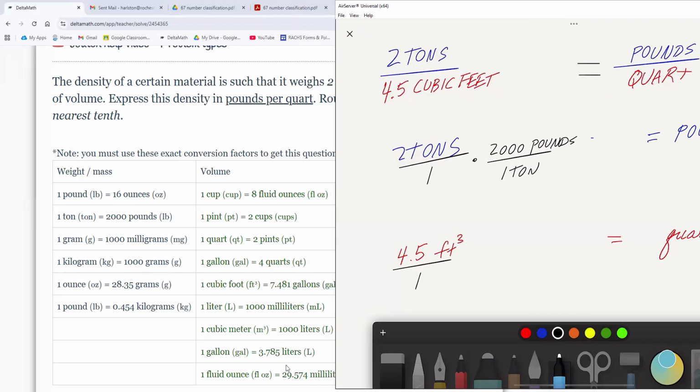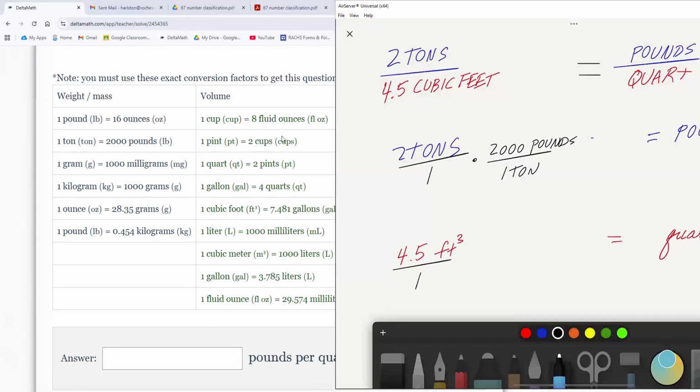So what do we have for cubic feet? I'm going to use these 2 conversion factors: cubic feet to gallons, and then gallons to quarts.